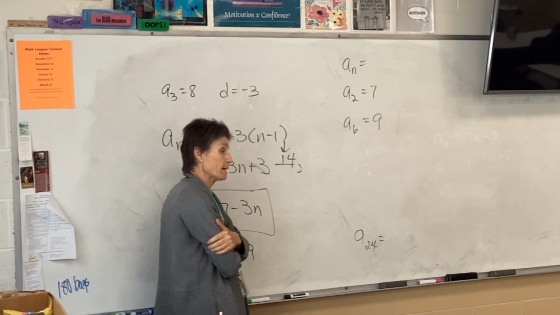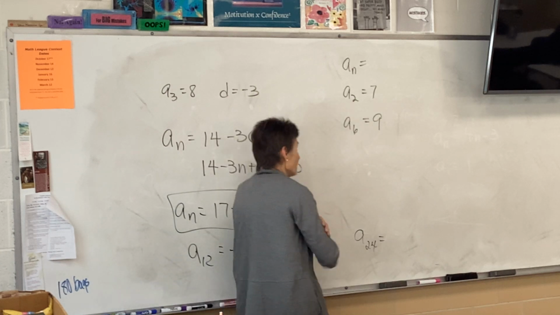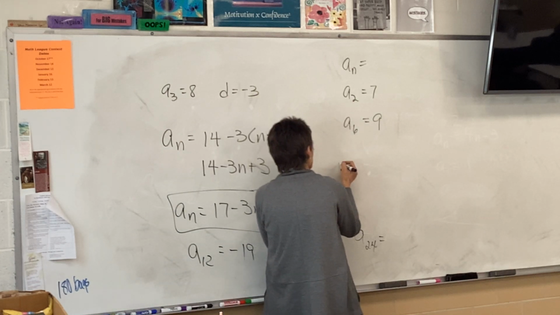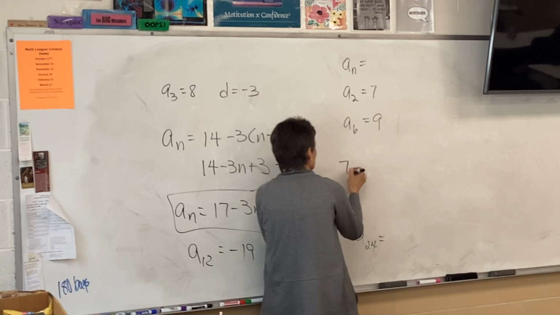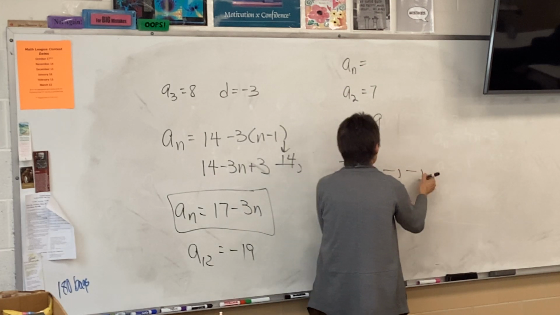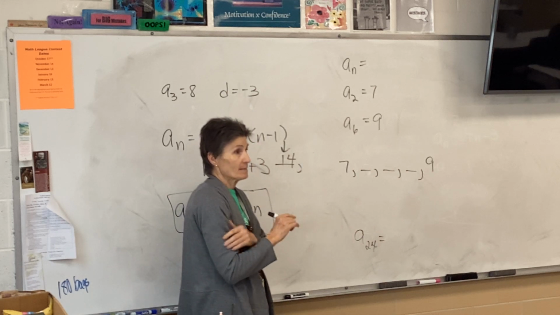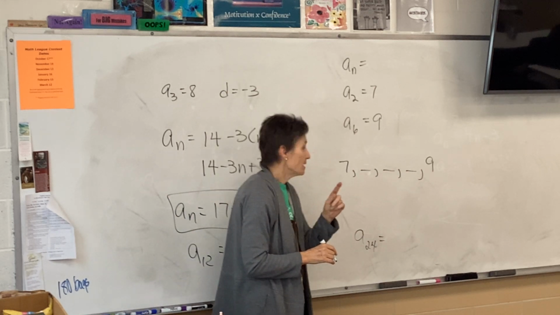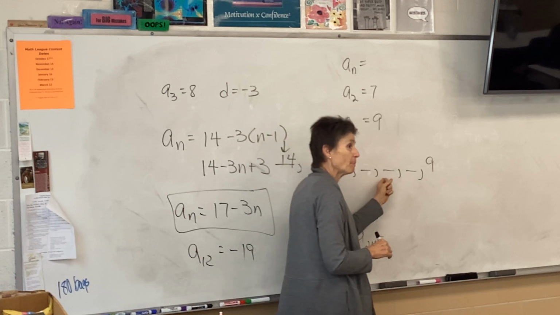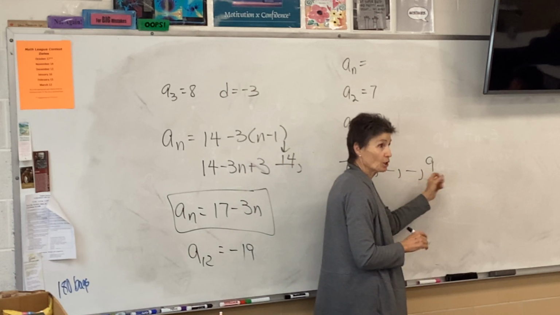Okay, now wait a second. Emily says, let's kind of just look at this for a second. So here's your second term. There's the 3rd, 4th, 5th, and 6th. Now what Emily is saying is, if this is arithmetic, then isn't each step I take going to be the same size?